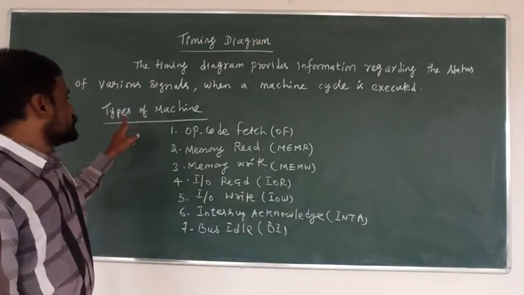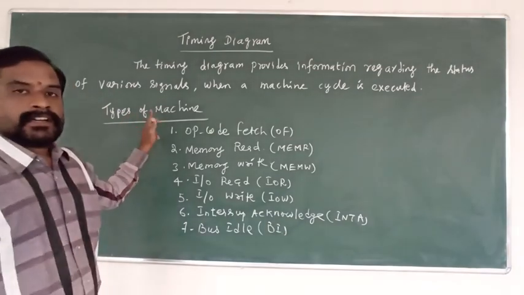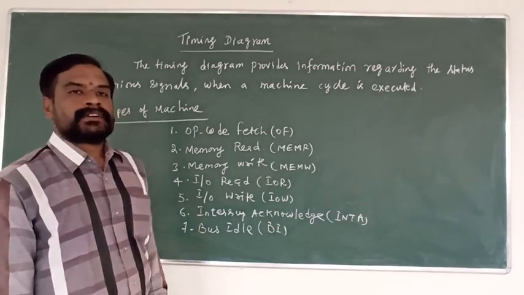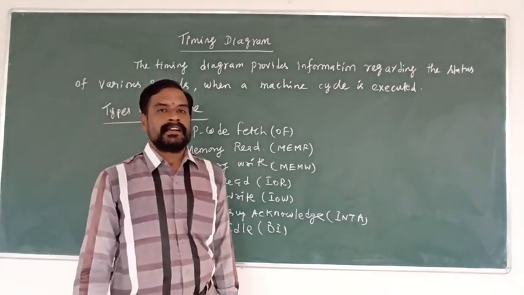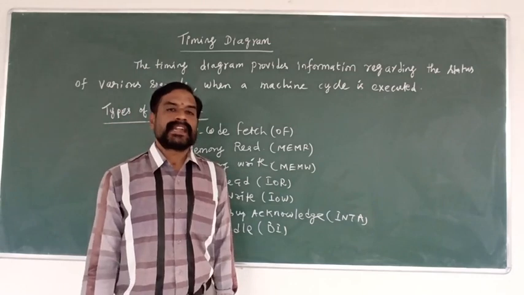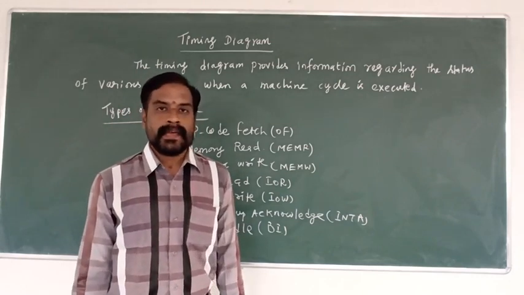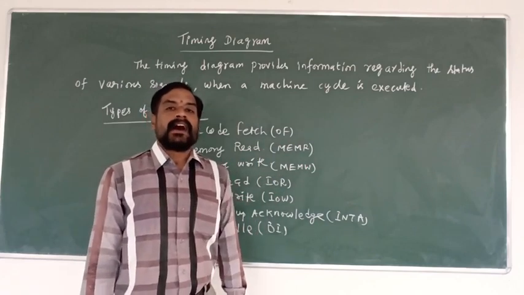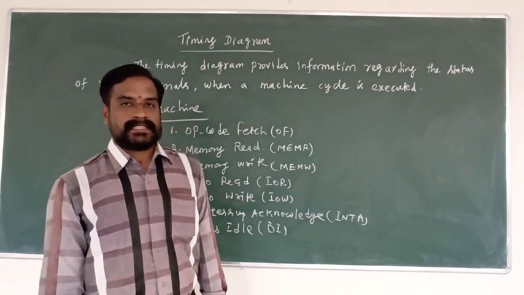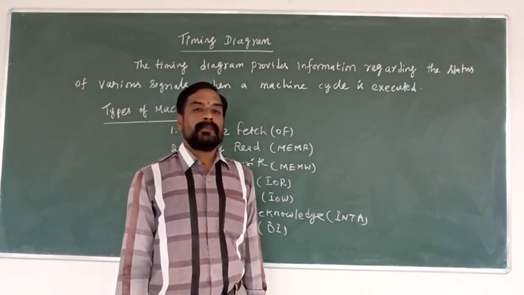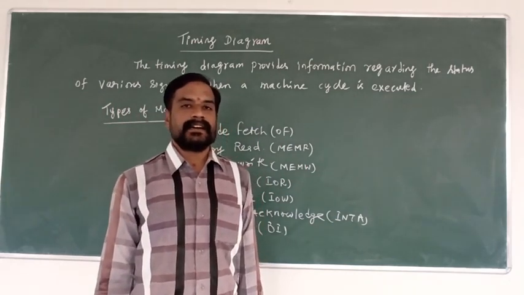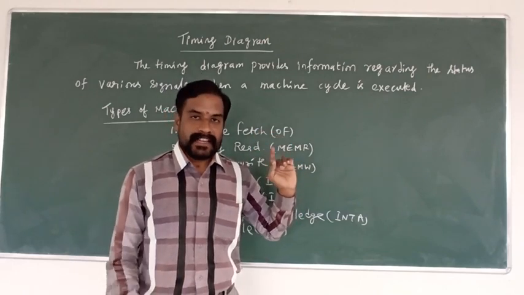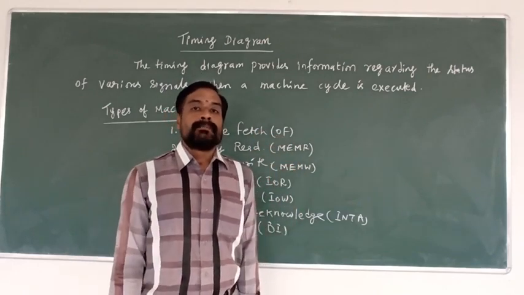Next one, types of machine cycle. Definition of machine cycle: how much time is required to transfer the data from the microprocessor to memory or input output devices, or from memory or input output devices to the microprocessor.